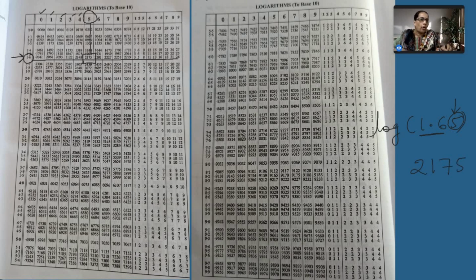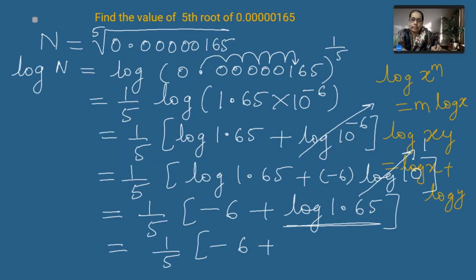Log of a number which lies between 1 and 10 is a number which lies between 0 and 1. So log of that number is 0.2175. So log of 1.65 is 0.2175.